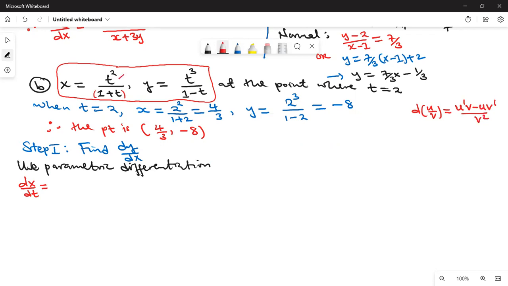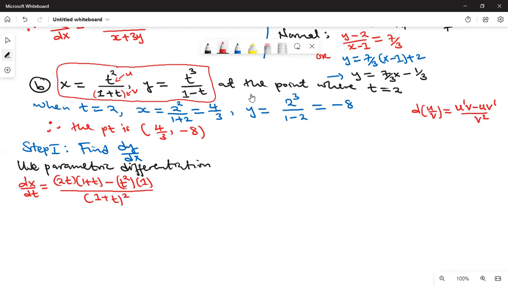Let this be u and this one is v. So u prime, that will give us 2t, times v which is 1 plus t, minus u, which is t squared, times v prime which is 1, everything over v squared, which is 1 plus t, squared.